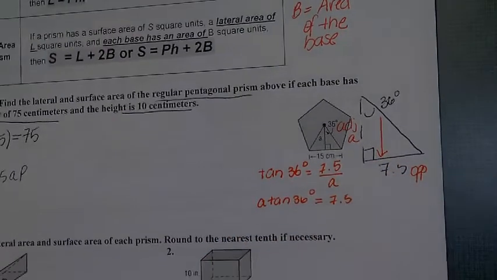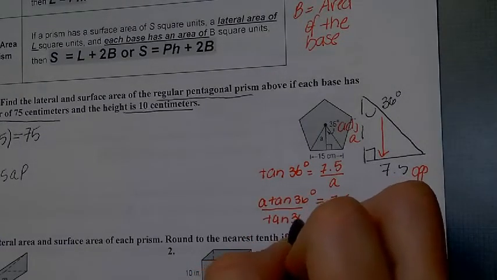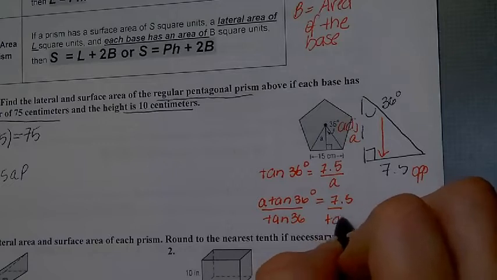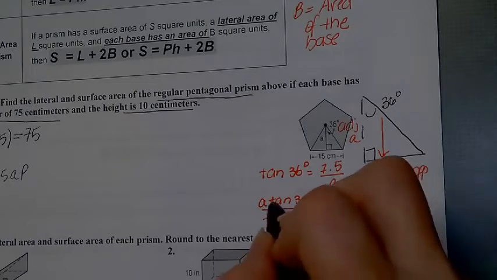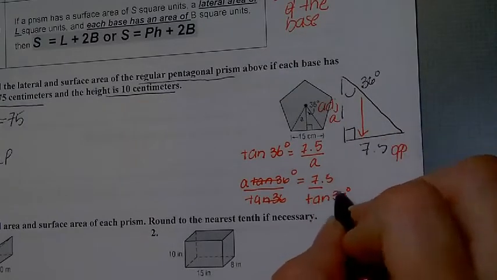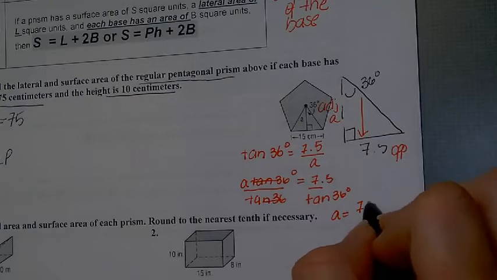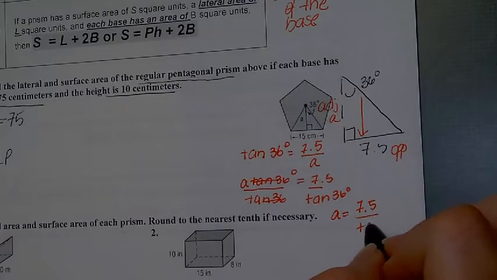I divide by tangent 36 to isolate the variable. And my A is 7.5 divided by tangent 36.